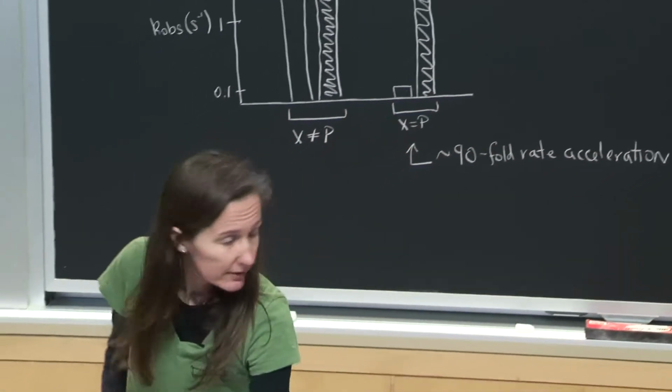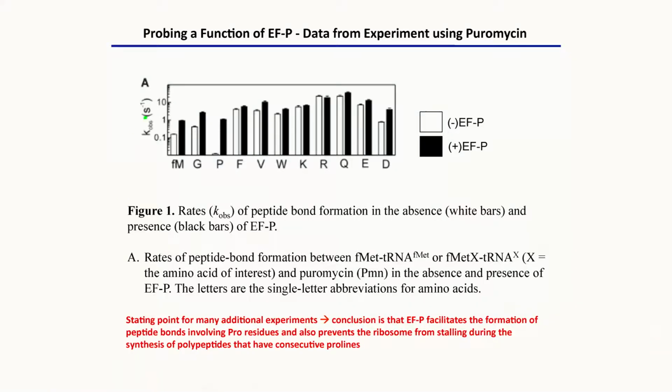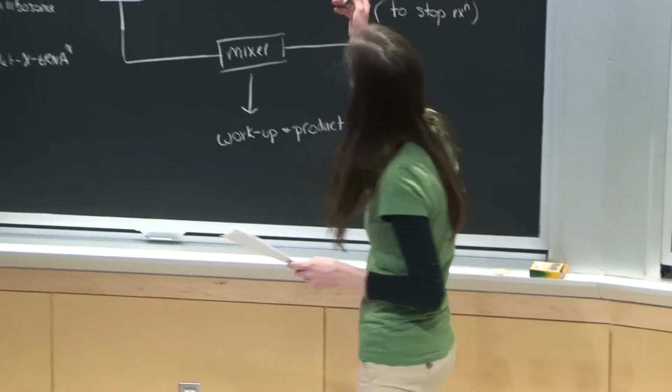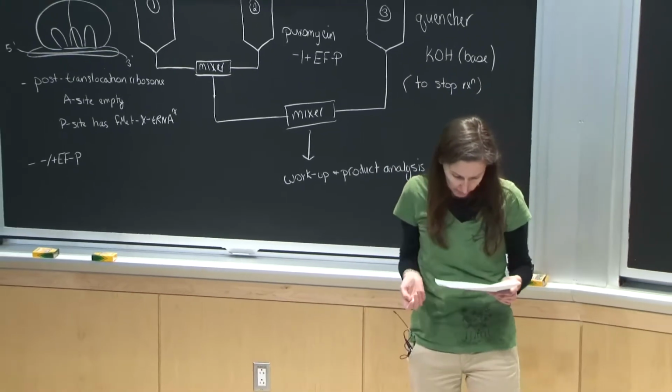So if we take a look at all these different examples, this one's the outlier. What these data indicated is that EFP has some special role in accelerating peptide bond formation for peptide bonds that contain a C-terminal proline residue.